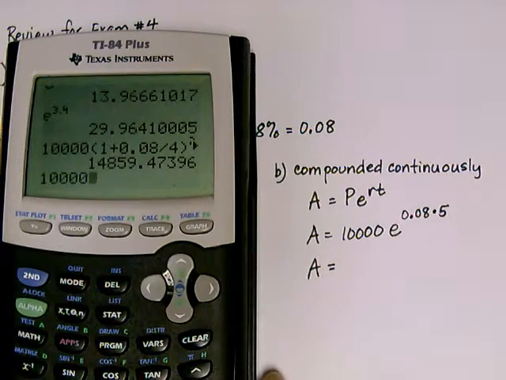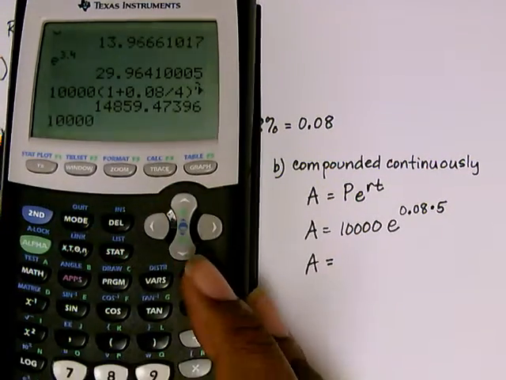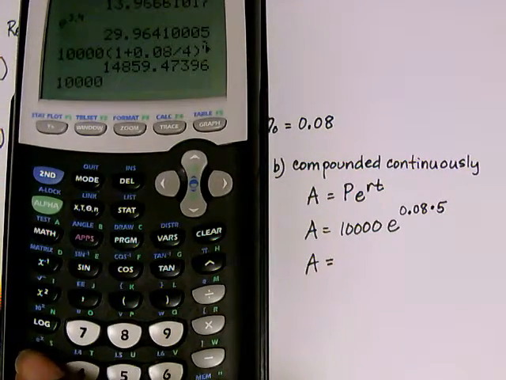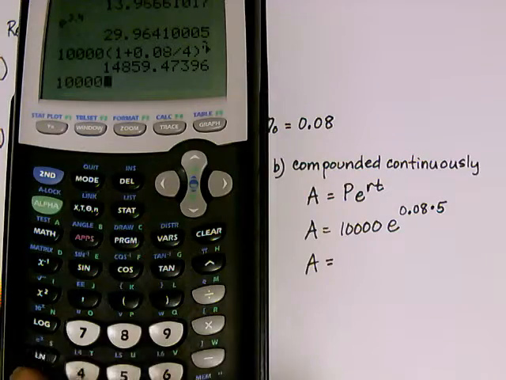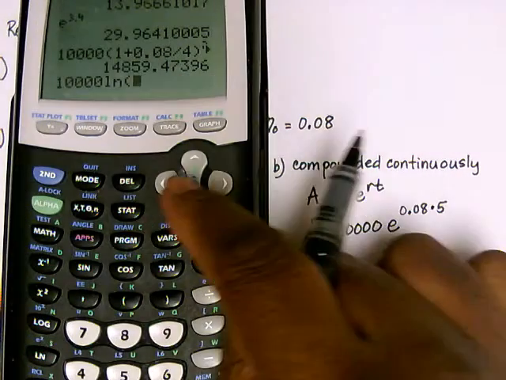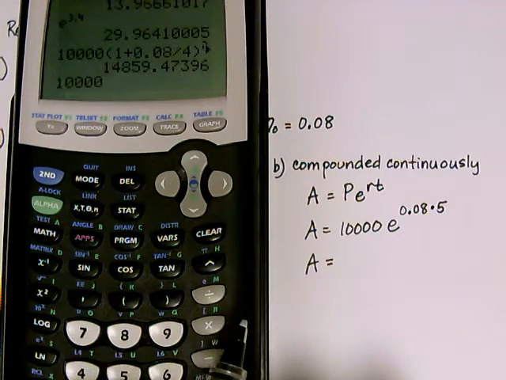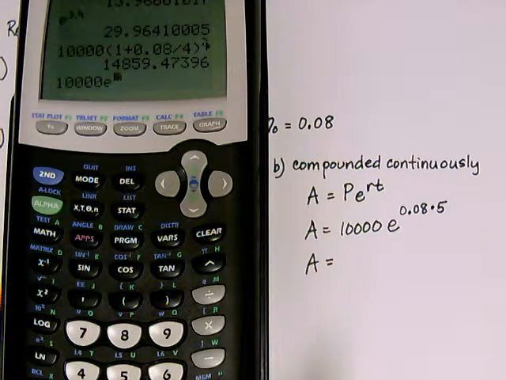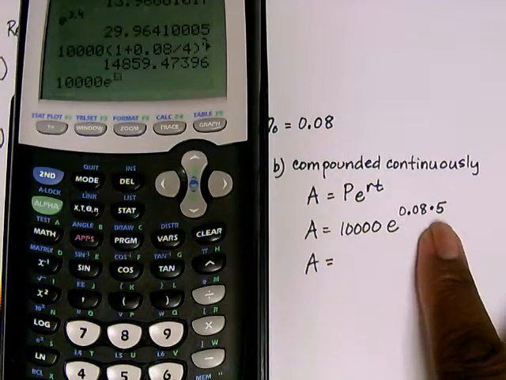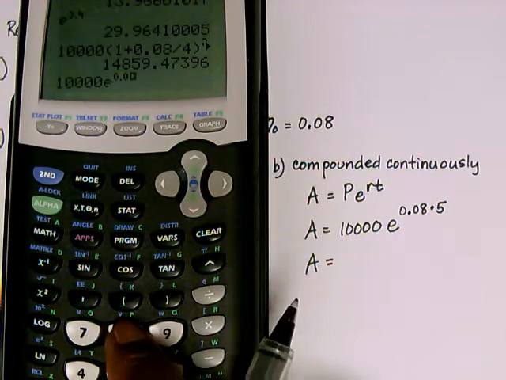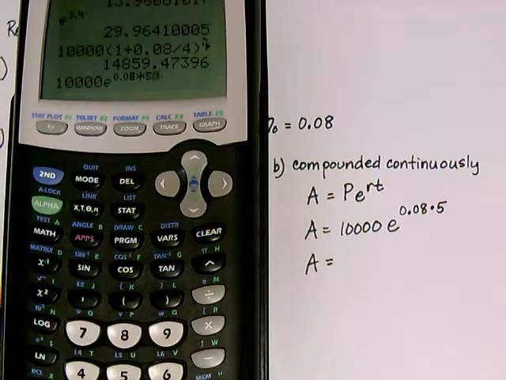Now for the e, if you recall, it's second and ln. That will give you the e to the exponent. This exponent we can type in as is, 0.08 times 5.